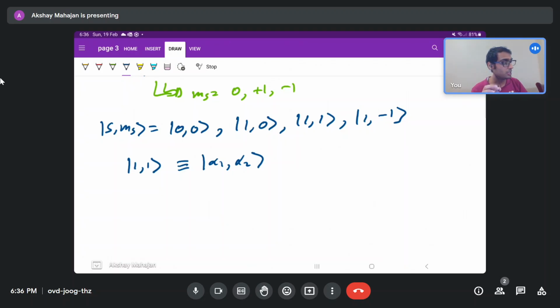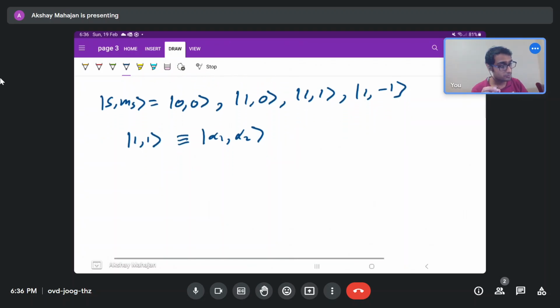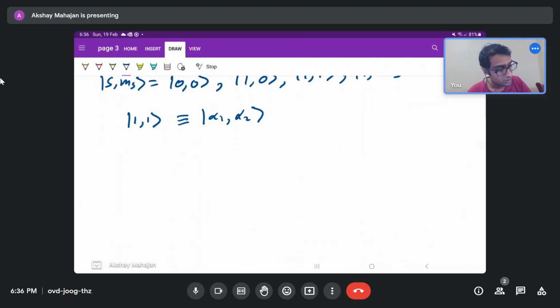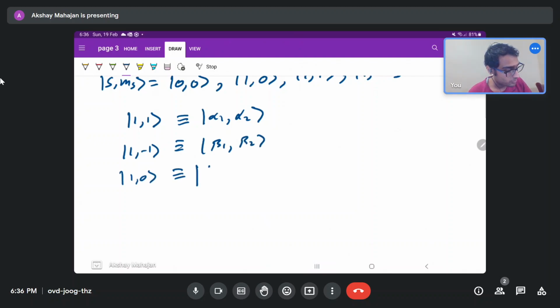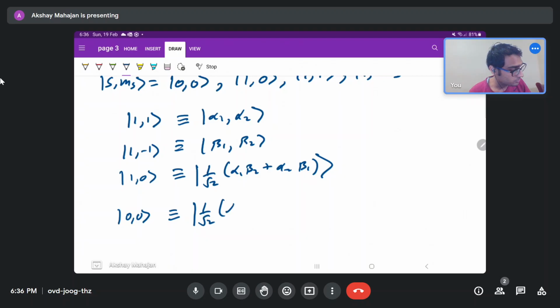So both the spins of the electrons are parallel. And we have 1 minus 1, which is represented by beta 1 beta 2, and 1, 0 is represented by 1 by root 2 times alpha 1 beta 2 plus alpha 2 beta 1, and 0, 0 is represented by 1 by root 2 times alpha 1 beta 2 minus alpha 2 beta 1.